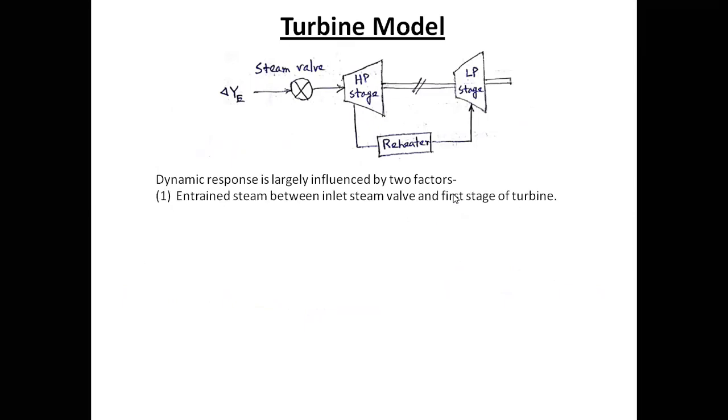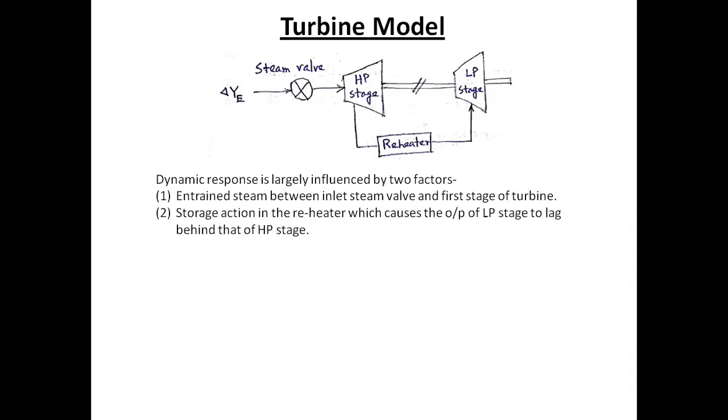First is entrained steam between the inlet steam valve and the first stage of the turbine. And second is storage action in the reheater, which causes the output of the LP stage to lag behind that of the HP stage. When the LP stage lags behind, with the help of the reheater we can reheat the steam and continue the operation. So the turbine transfer function is characterized by these two factors.